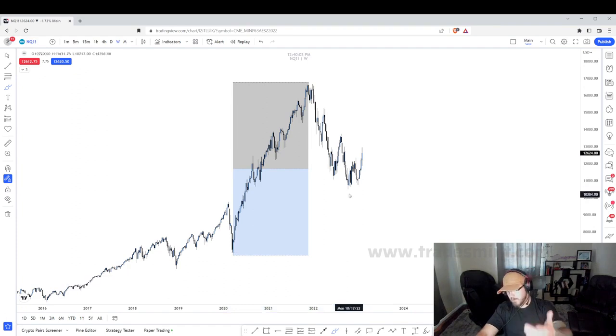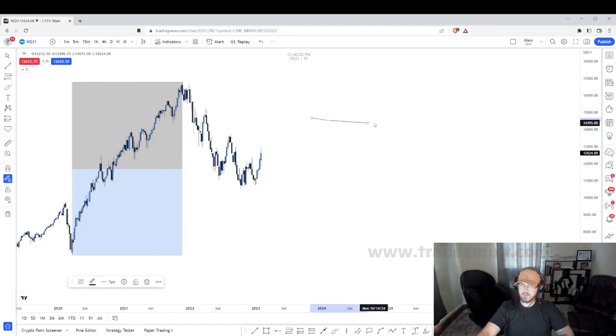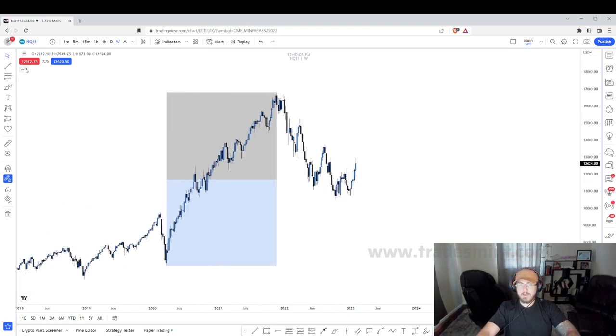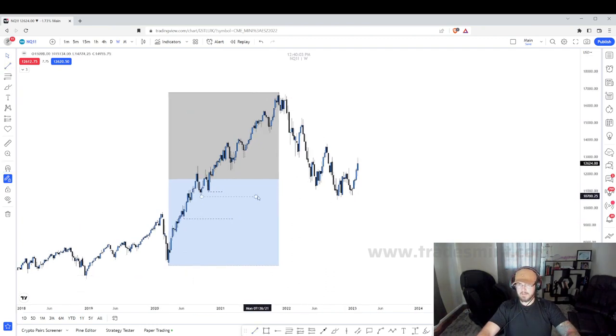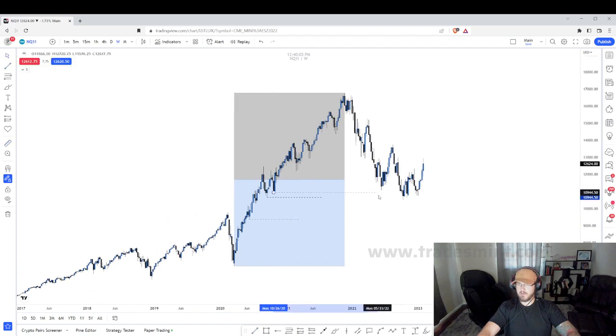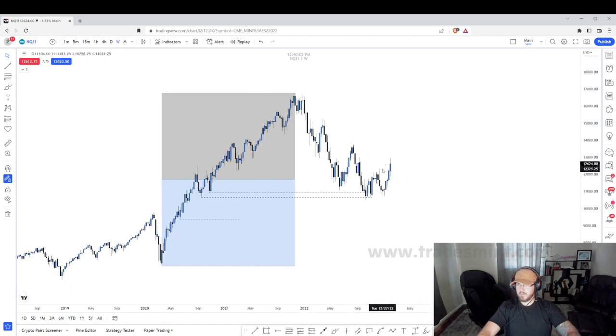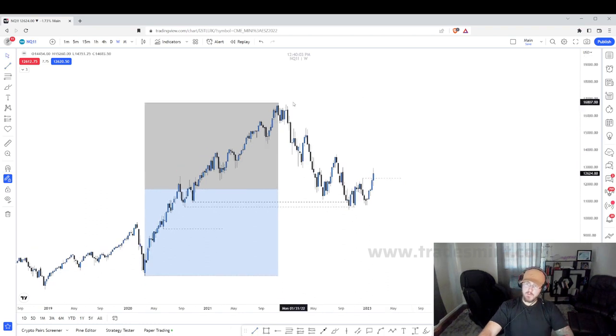Some people use macro conditions, but if we're just using structure, and we look at NQ on the weekly, we look at where is liquidity in a discount. So if you notice, look what happens. When we come down to a discount, we sweep liquidity, and price moves up. Now, based off what we just talked about, you would almost look for new highs on NASDAQ just based on this weekly chart.